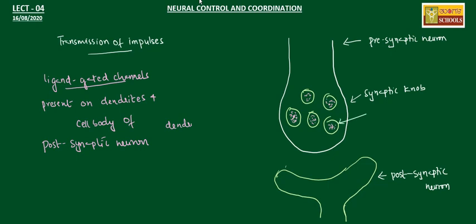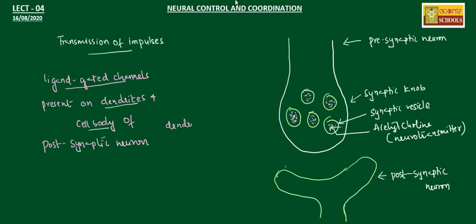So this is the synaptic vesicle, and inside is the neurotransmitter, like acetylcholine.